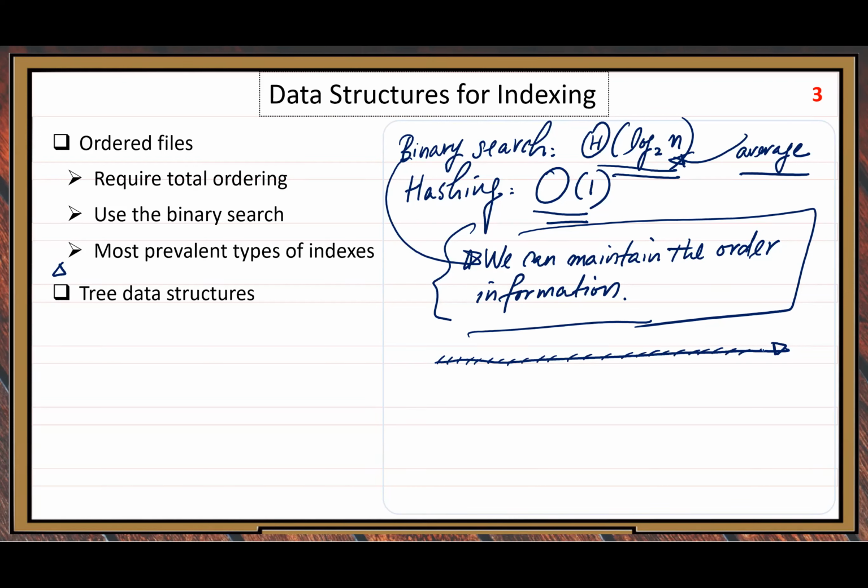But in a straight line, although you apply binary search, if the number of rows is too big, you still need to apply many comparisons. Here, the DBMS tries to find a way to reduce the number of comparisons. This line structure is still not very efficient, so it uses tree structures.